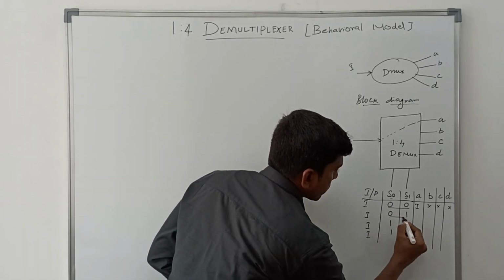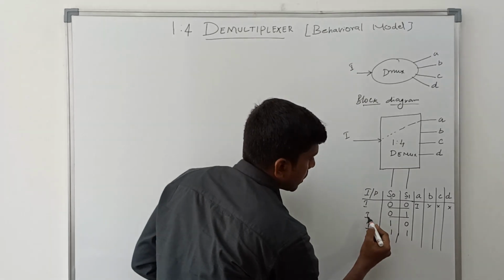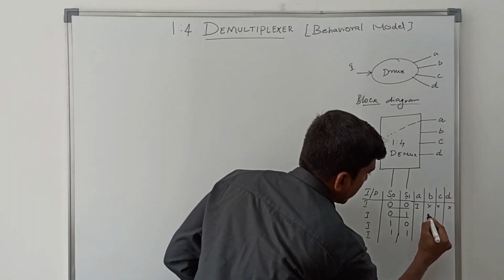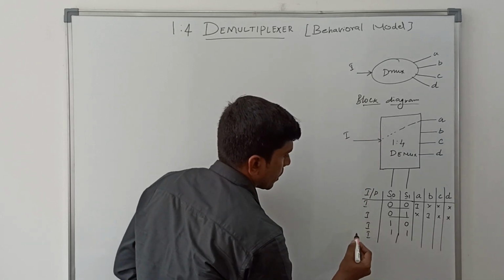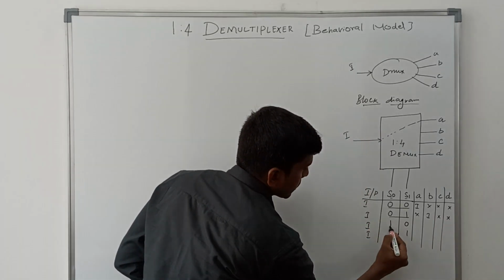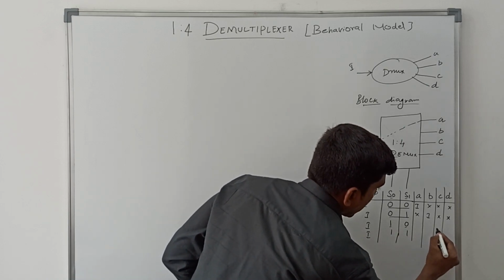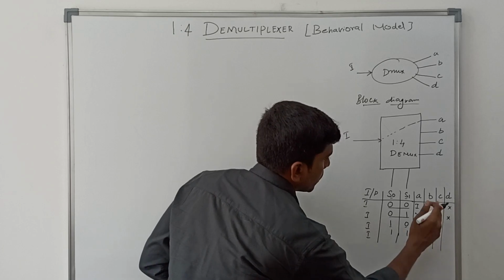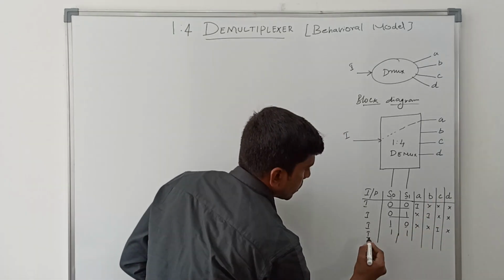Then the next case, 0 1: the I value is connected to B, remaining values are don't care. Then the third case, S0 value 1, S1 value 0: the I input is connected to C, remaining output variables are don't care.